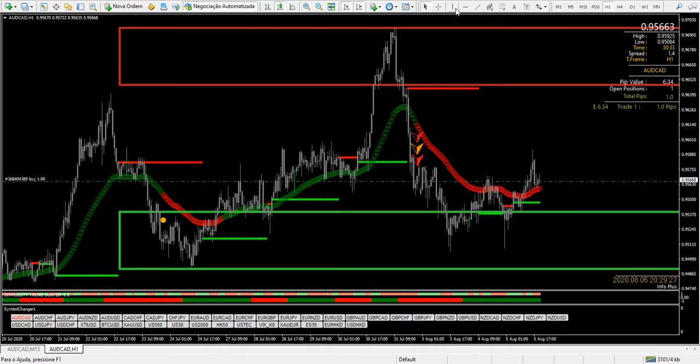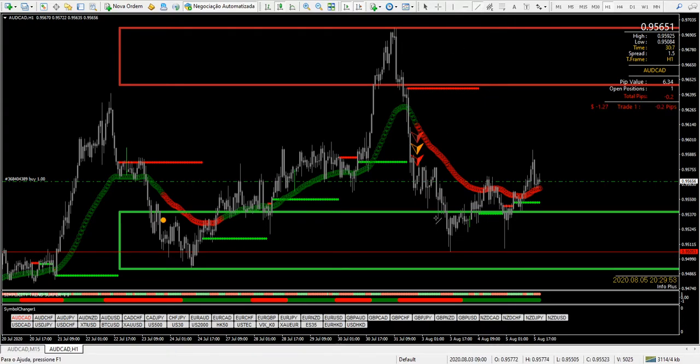Another great thing that we have to keep an eye on, not a Simplicity rule but a rule for price action, is that this is a support area. Another important thing is that there's a channel that's been building right here.